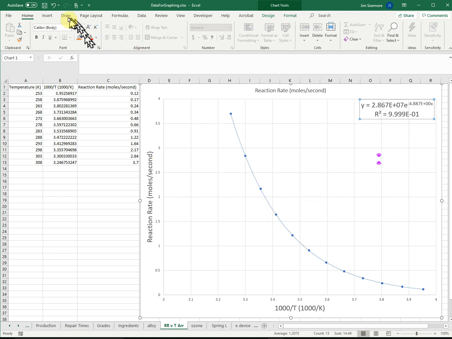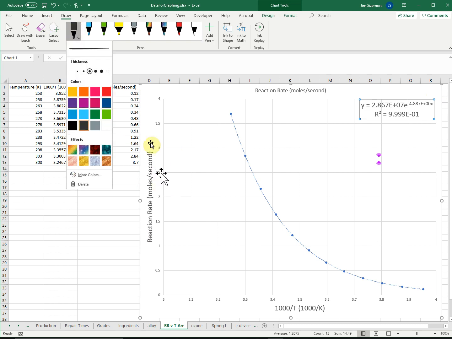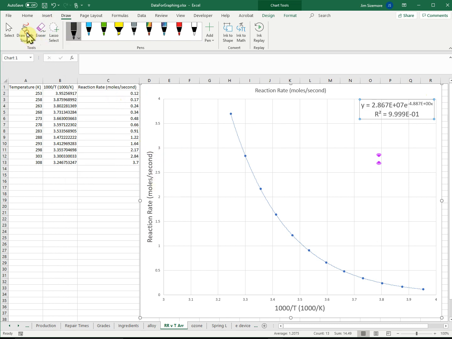Let's take a look at what this equation is really telling us. X is way over here on the far right-hand side. So we're getting the reaction rate. Good.